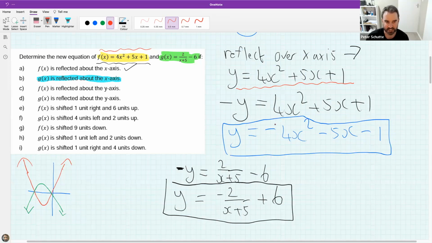When I reflected it over the x-axis, can you see I've got the green one down here? Again, I haven't drawn it perfectly, but you can see it's been flipped over this line, or reflected. And you can see it's now facing down, but it's going through the same x-intercepts. And so that's an example of reflecting over the x-axis with the parabola. With the hyperbola, it will look slightly different, but you don't need to worry because the algebraic method is pretty straightforward. Okay, Oratiwe, what is your question?